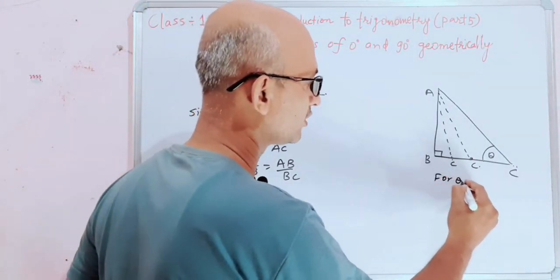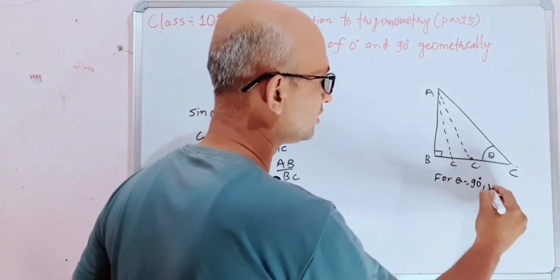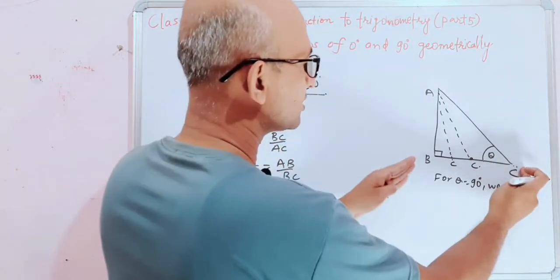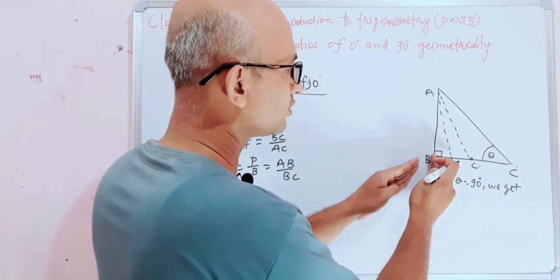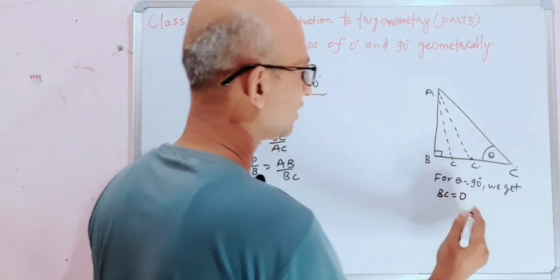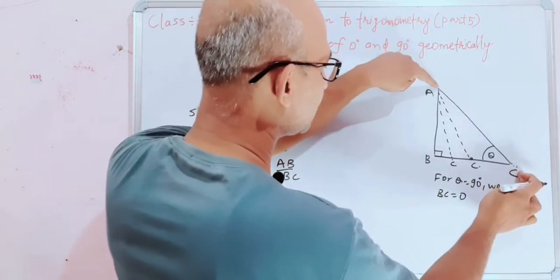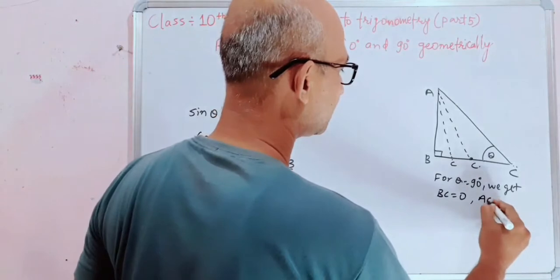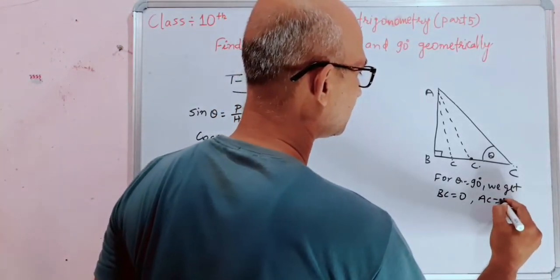Therefore, for theta equals 90 degree, the length CB equals 0, and the length AC coincides with AB, that is AC equals AB.